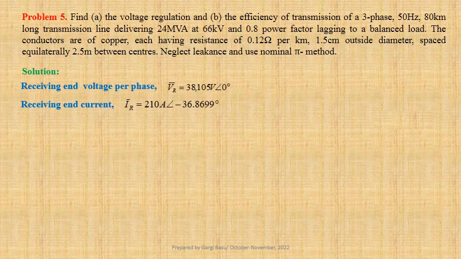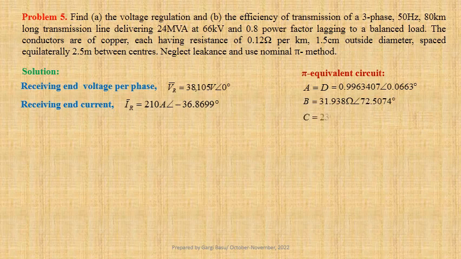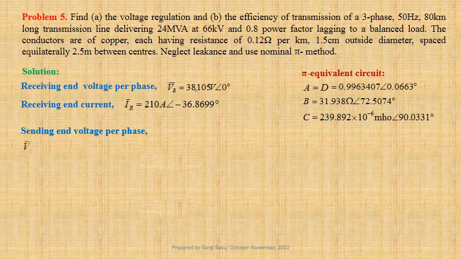We have determined for pi equivalent circuit generalized constants A equals D equals 0.9963407 at an angle 0.0663 degree, B equals 31.938 ohm at an angle 72.5074 degree, and C equals 239.892 into 10 to the power minus 6 mho at an angle 90.0331 degree.